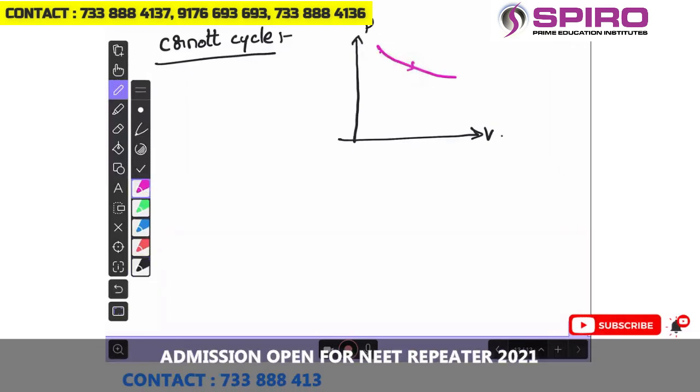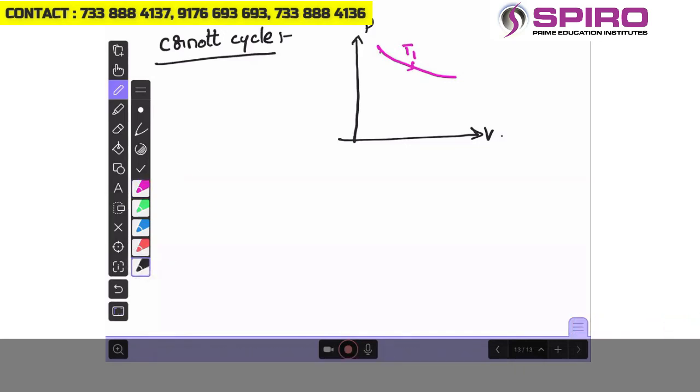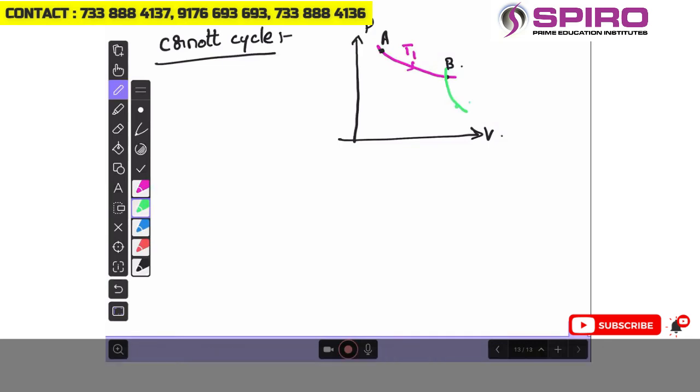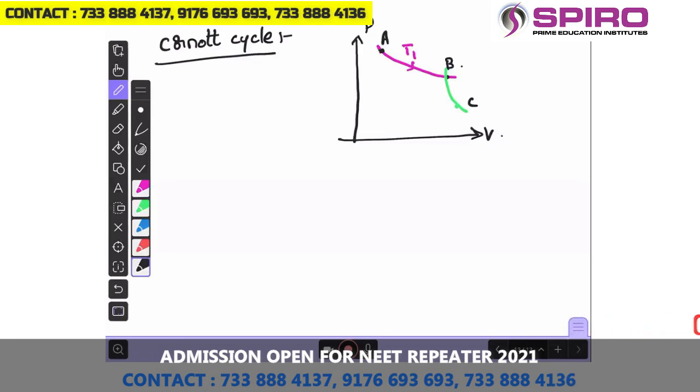This is one isothermal process at temperature T1, and let me suppose this is the process conducted between the states A and B. At B, he has conducted an adiabatic process from B to a point C, and because it is an adiabatic process, the temperature changes, and the final temperature at C was taken to be T2.